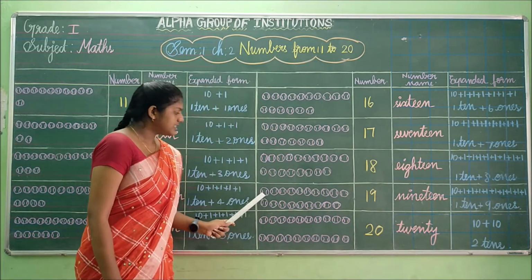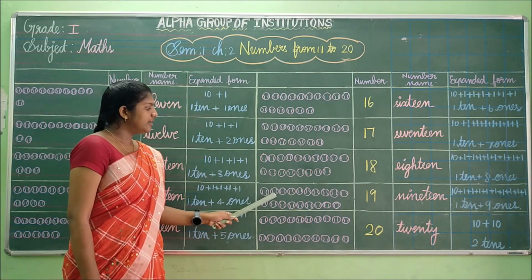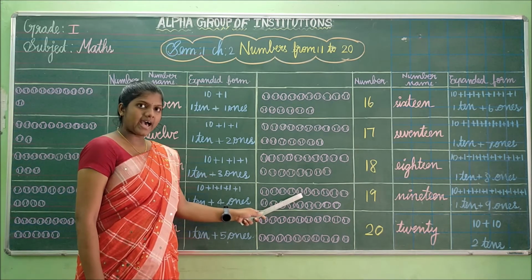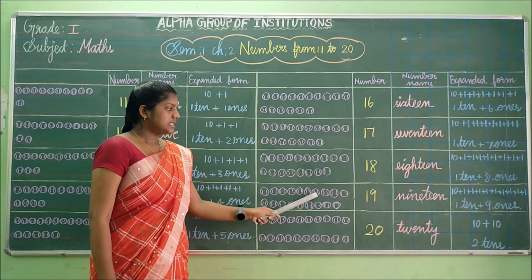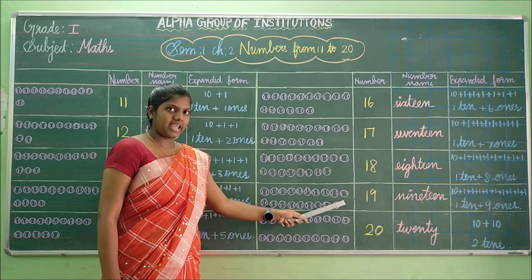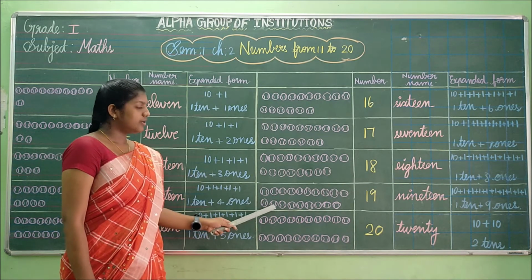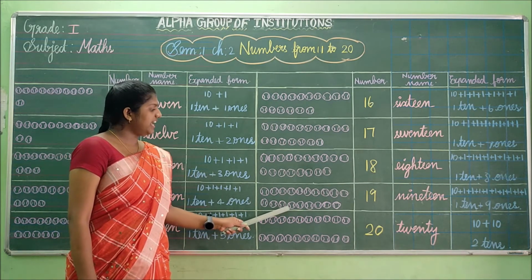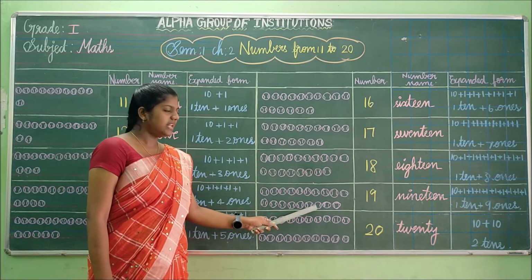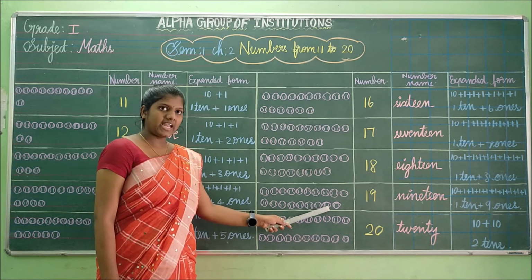Next one. Shall we count? 1, 2, 3, up to 18.